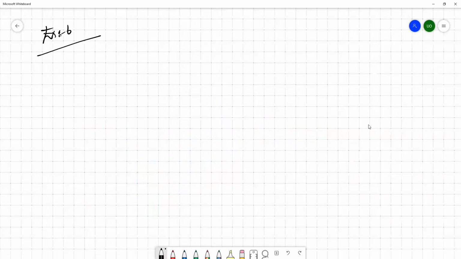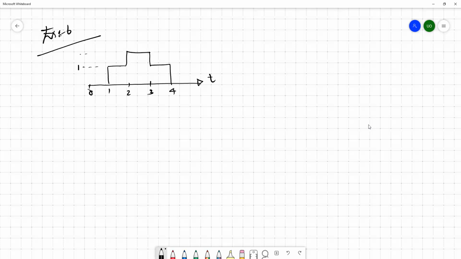You are given a signal like this. This is the time domain, this is 4, this is 3, this is 2, this is 1, this is 0. And here it's 1, this is 1.5. So this is your x(t).